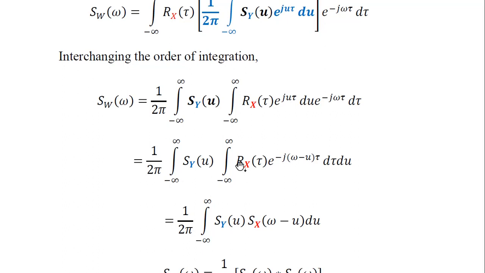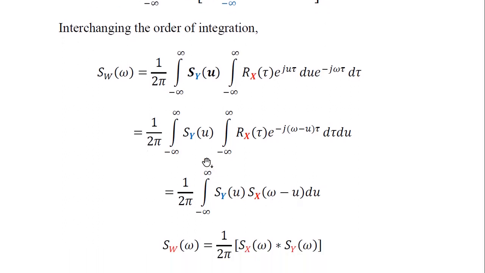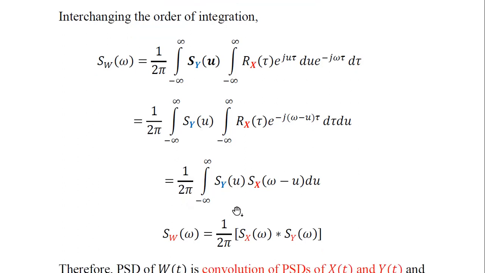Now we can observe that the second term, which includes Rx of tau into e to the power of minus j omega minus u into tau d tau, is nothing but equal to the power spectral density of x with argument omega minus u. In the first term, Sy of u stays the same, and 1 by 2 pi is also outside the integration.